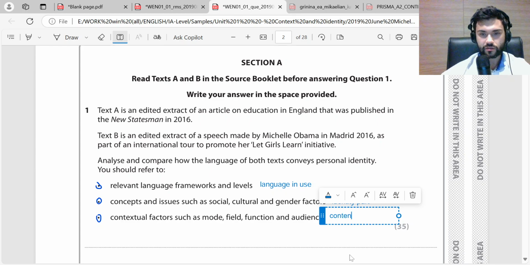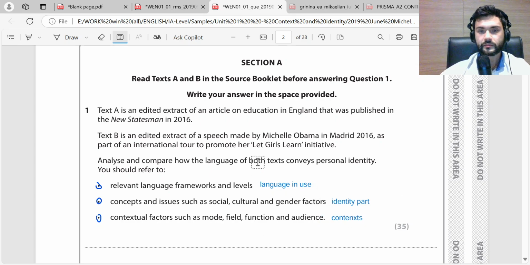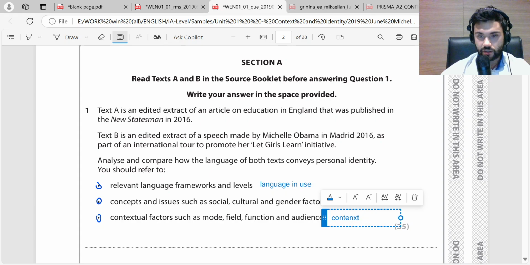So it is contexts of both texts. So it makes it a comparative response in which we refer to the language in use, speak about the identity of the speakers, and we also consider the contextual factors.